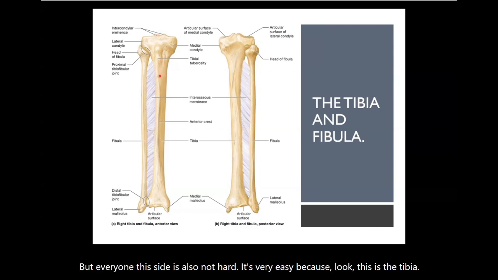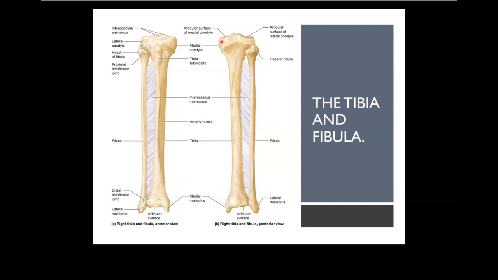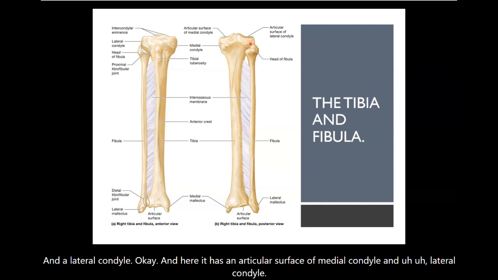But everyone, this side is also not hard, it's very easy because look, this is the tibia, this is the fibula, and then do you see here the lateral condyle, medial condyle, right? And then this is just the joint between the tibia and fibula. And then on this side, do you see the medial condyle and the lateral condyle, okay?